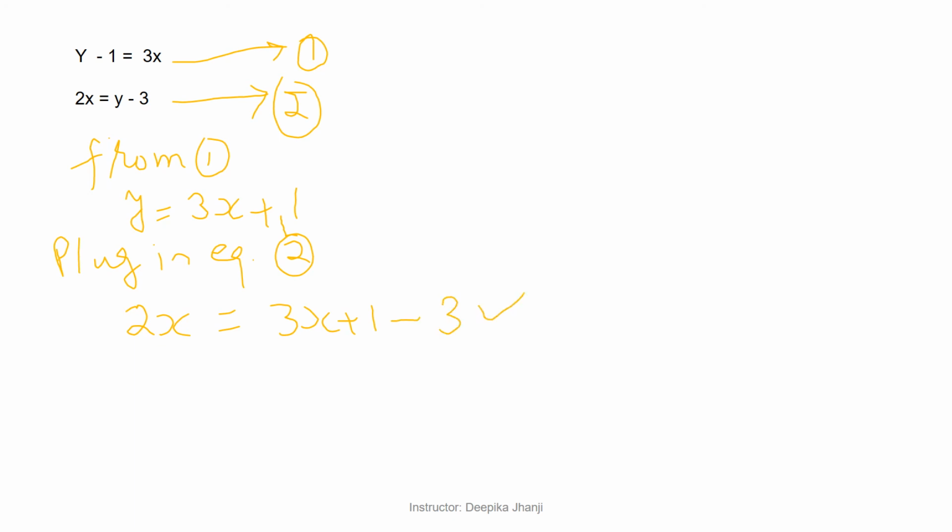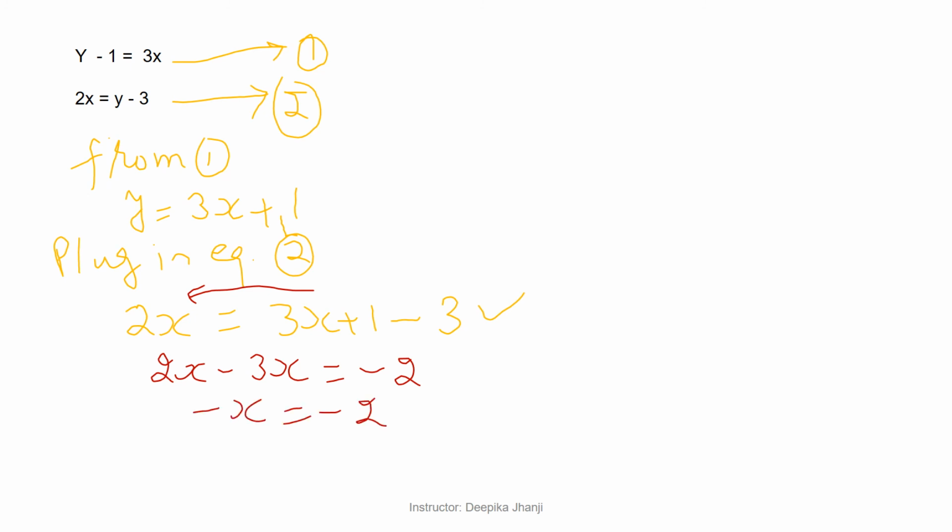Now we get an equation in terms of x. Now we'll combine x terms. When we move 3x to the other side, this becomes 2x minus 3x equals plus 1 minus 3, which is negative 2, right? This side becomes negative x equals negative 2.